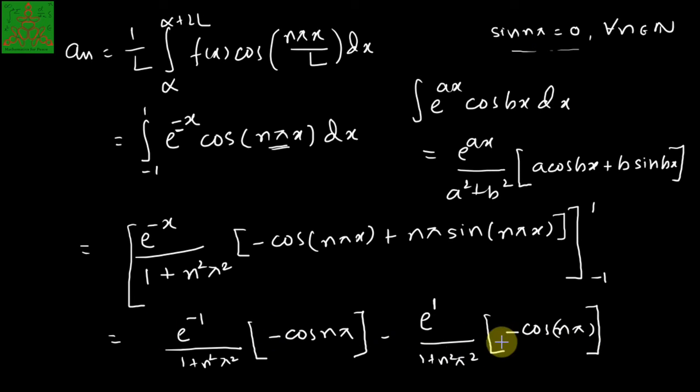Now you just see that cos n pi is common out, 1 upon 1 plus n square pi square is also common out, and this minus becomes plus.